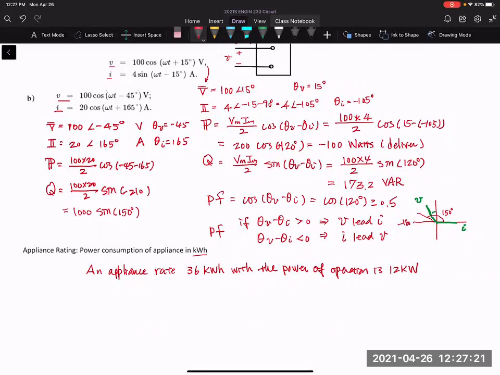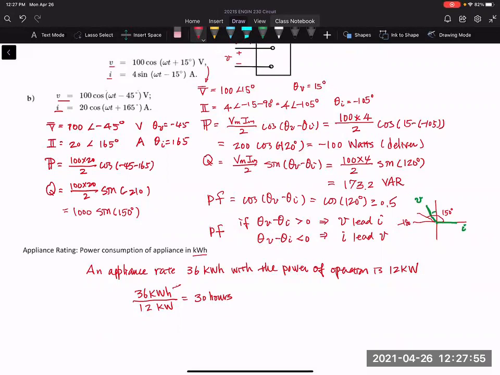Then what this 36 kWh means is, if you use the 36 kWh divided by this 12 kW, that means you're going to use this one for 30 hours, right?